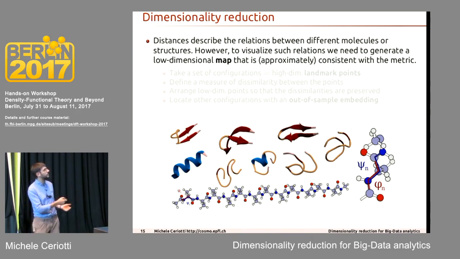For a system like this, it's really clear that just the backbone dihedral angles are sufficient to fully characterize the state of the backbone. There are algorithms that, given the sequence of backbone angles, build you the extended structure of the protein. So really, all the information is encoded in those 24 numbers.